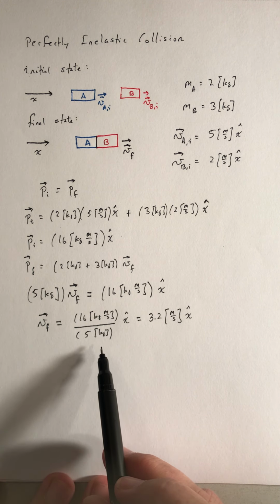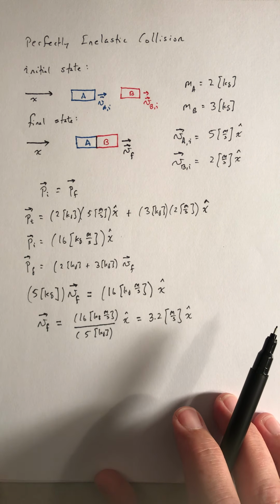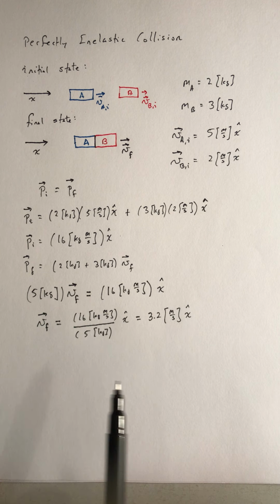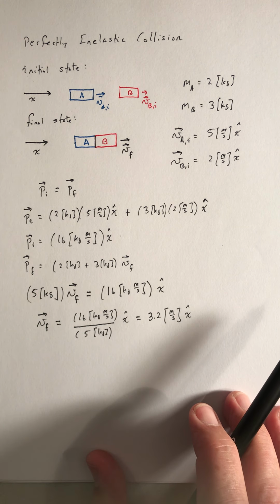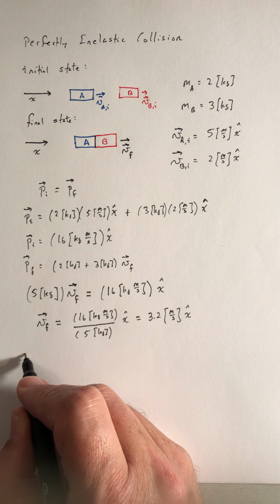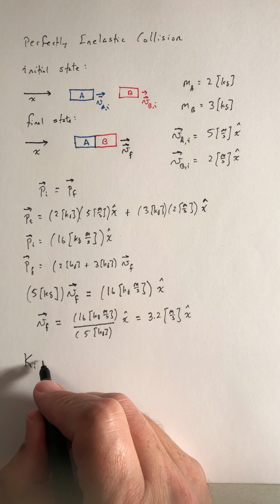So we got the final velocity, and now it's a perfectly inelastic collision, so I know it's going to have lost some kinetic energy. We actually want to calculate how much was lost. So we're going to add up all of the kinetic energy in the initial state.